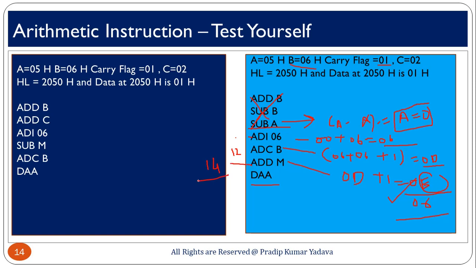So here we will get 14. If you solve this, you also will get 14, means converting in hexadecimal is the same as doing it in decimal. So this is this example.